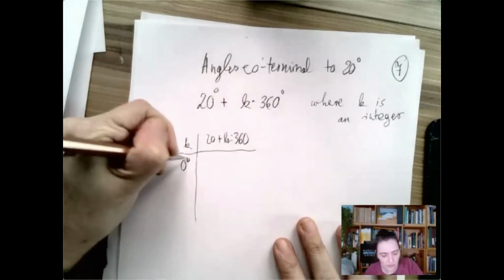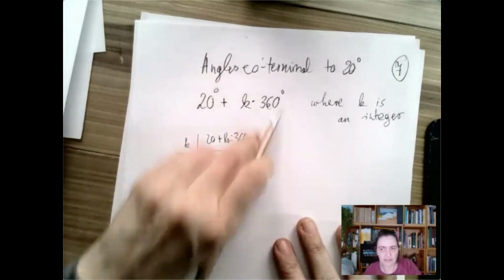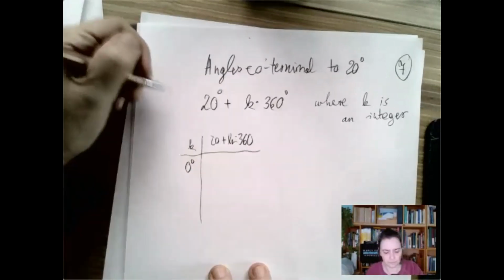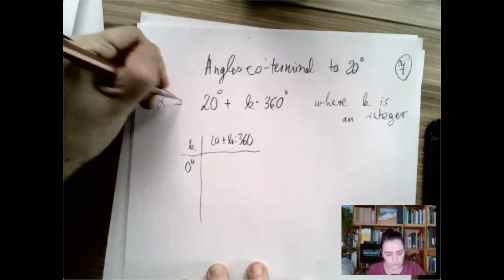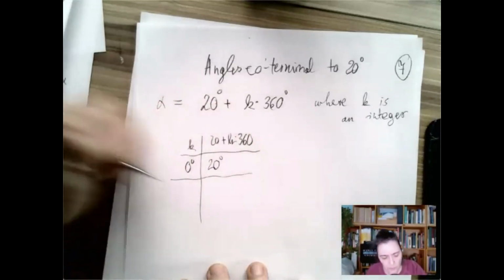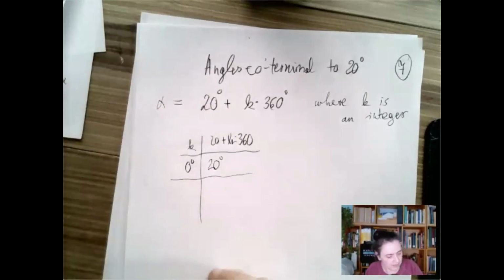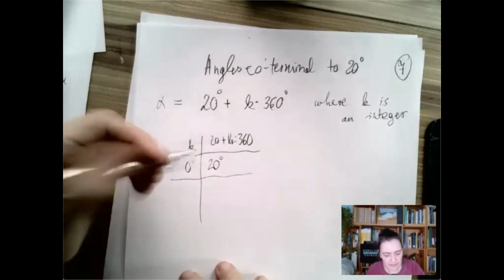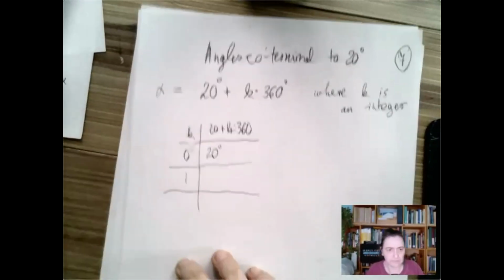If k is 0, what angle do we get out of this? Putting k equals 0 into this, 20 degrees. Put in there k equals 1. What angle do we get? 380.